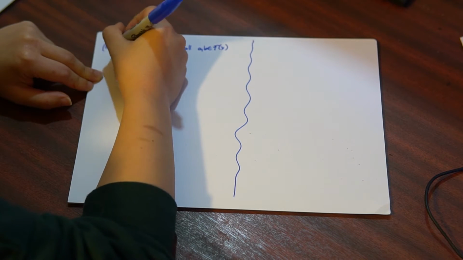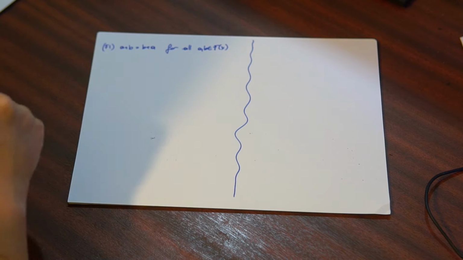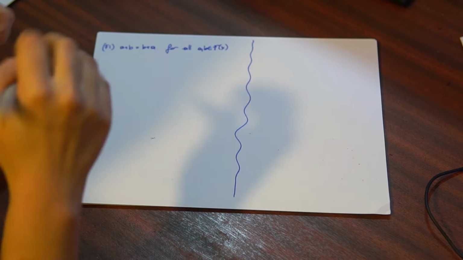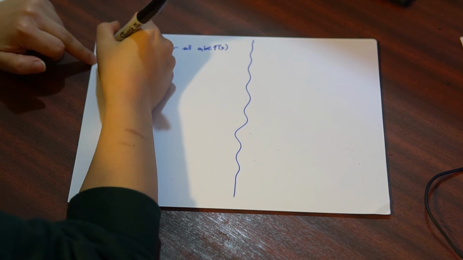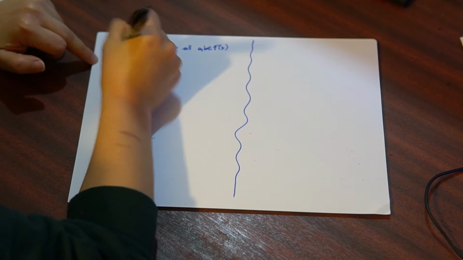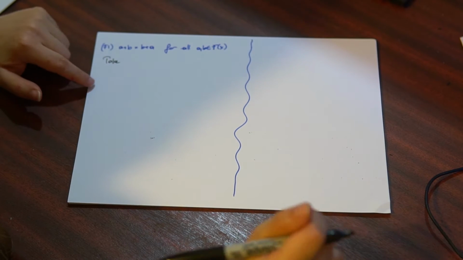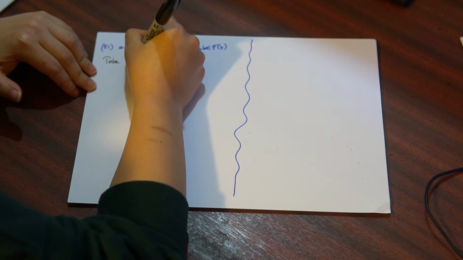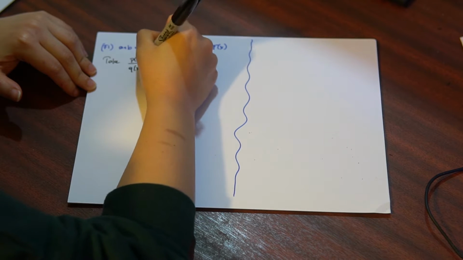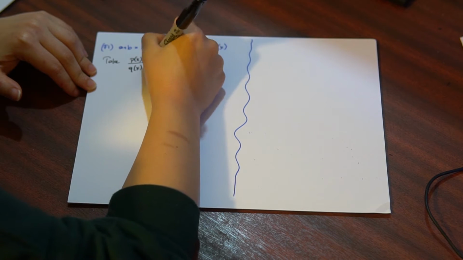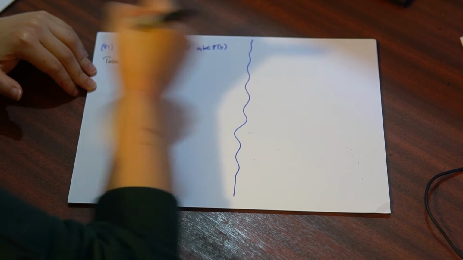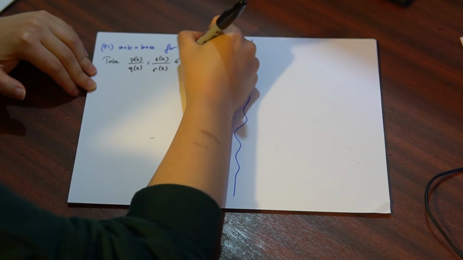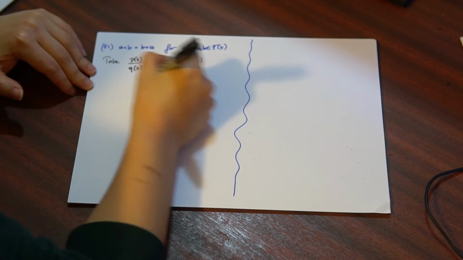You need to take two elements inside of F(x). Let's first choose p(x) over q(x) and s(x) over r(x) inside of F(x).